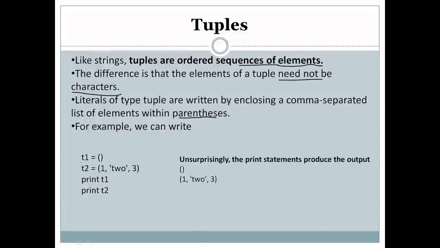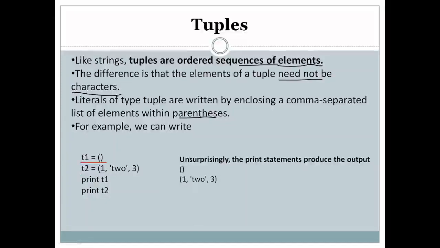Look at the first example. T1 is equal to round bracket open and round bracket close. Here we have created a tuple with no elements, nothing inside the round brackets, so this is an empty tuple.